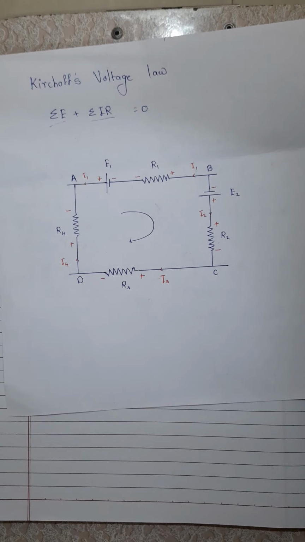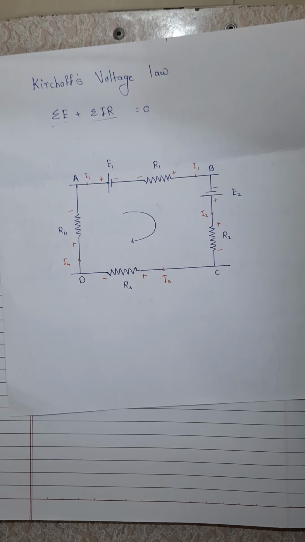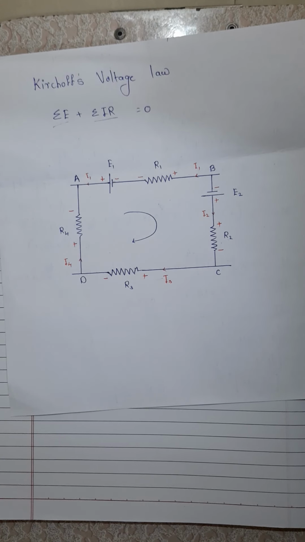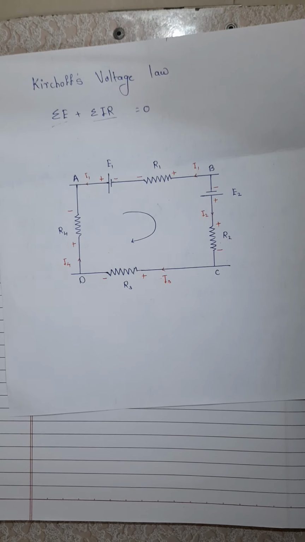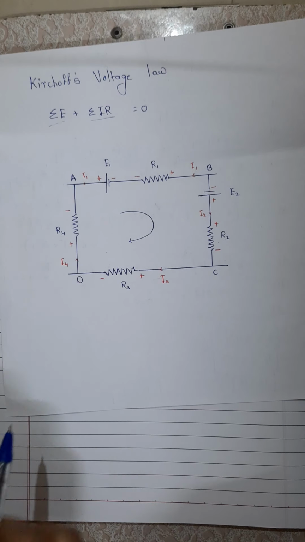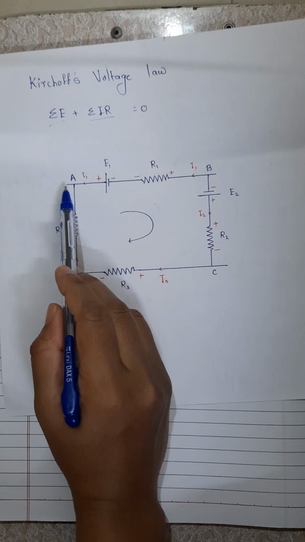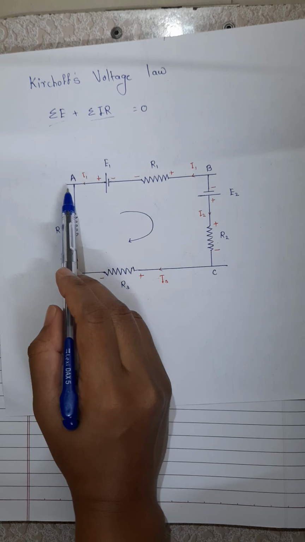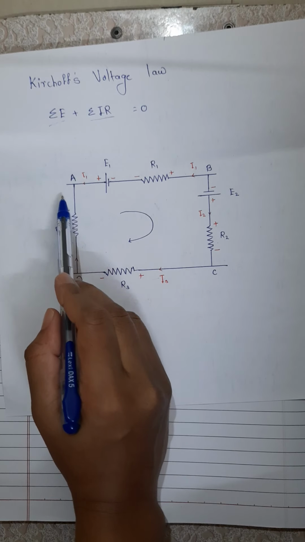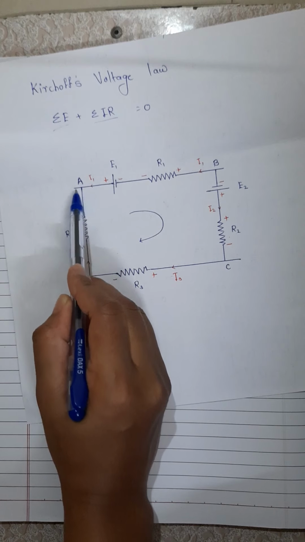While applying Kirchoff's voltage law to a closed circuit, we have to start from one particular junction, then go around the loop in any particular direction till the starting point is reached again, in this way.